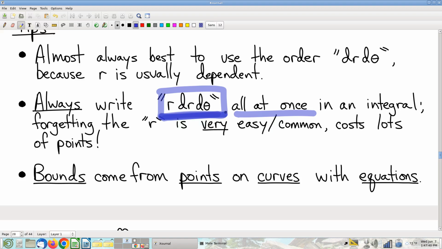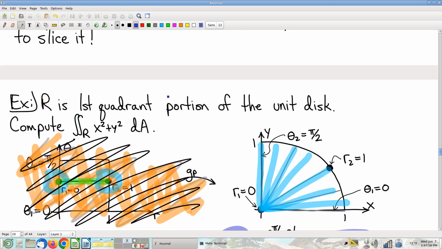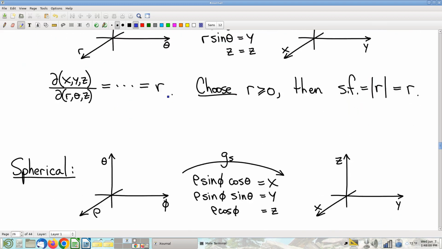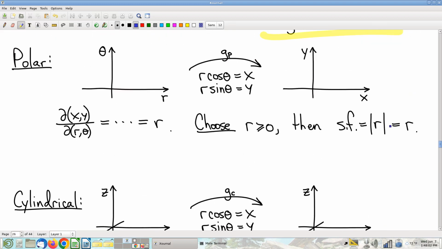And again, without this rule, I'd say probably a fourth of the papers that I see on exams forgot the stretching factor. Now, who cares, right? It's a minor thing. It's just one little factor. Not so. This one little r right there is, after all, the stretching factor.